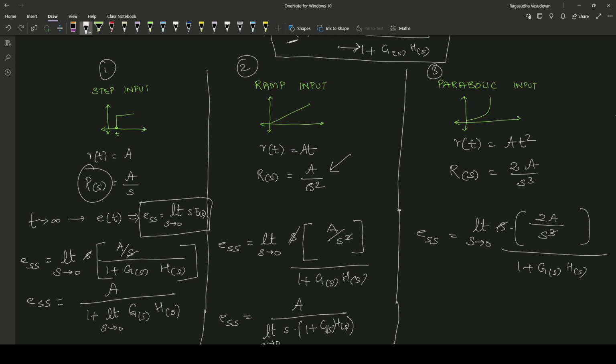So these two terms will cancel and the value of ESS will be 2A divided by limit S tends to 0, S² into 1 plus G(S) into H(S). So these are the values of steady state error for different kinds of input.